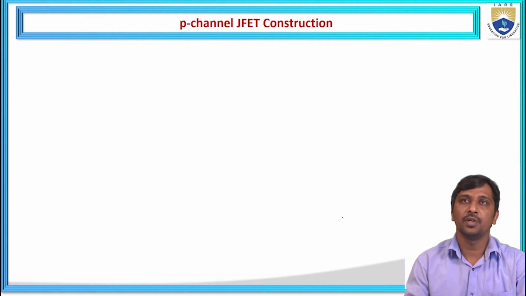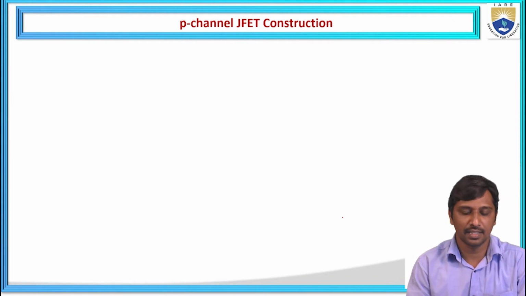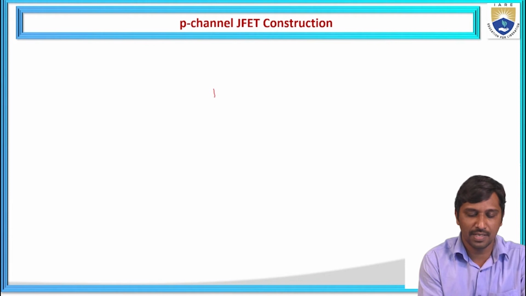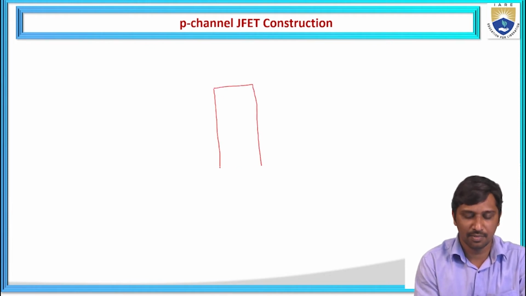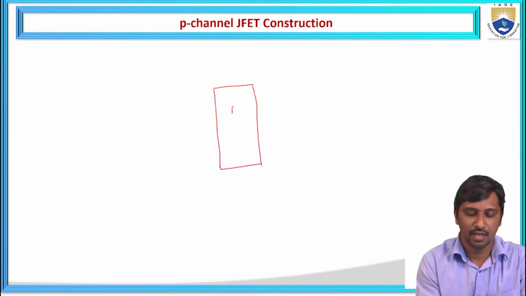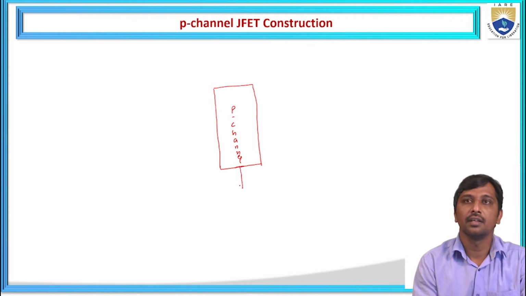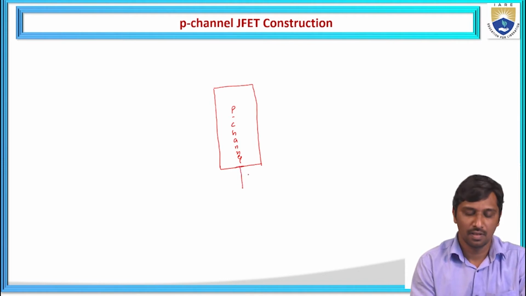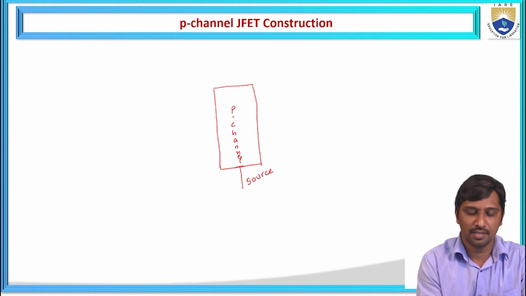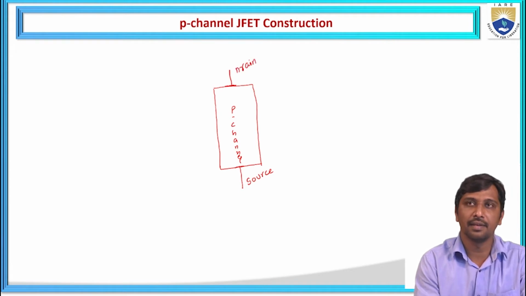Now, similarly, if you want to construct the P channel JFET, let us consider a piece of semiconductor, and this piece of semiconductor bar is made up of P type, and it is called a P type channel. And one end is connected with an electrode. That electrode is represented as the source. On the other side, another electrode is represented as the drain.